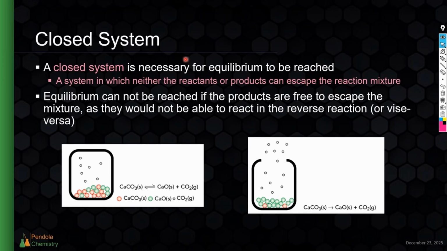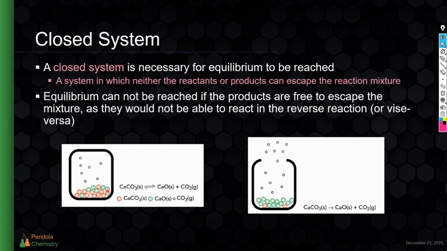It is necessary for equilibrium to be reached because in order for the reactants to react with each other and become the products, and vice versa, we need to keep those chemicals in the same place so they can actually react and interact with each other. So, for example, if we had something like calcium carbonate, which when it is heated up becomes calcium oxide and carbon dioxide. So calcium carbonate, which is in red, when heated up, it's a solid.